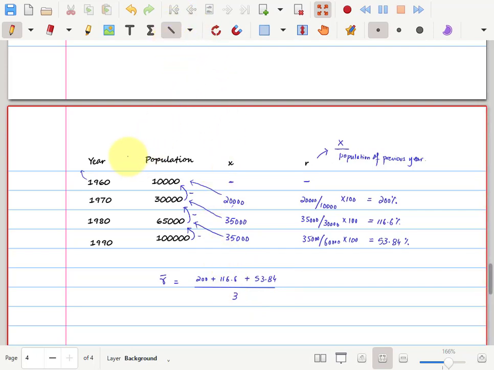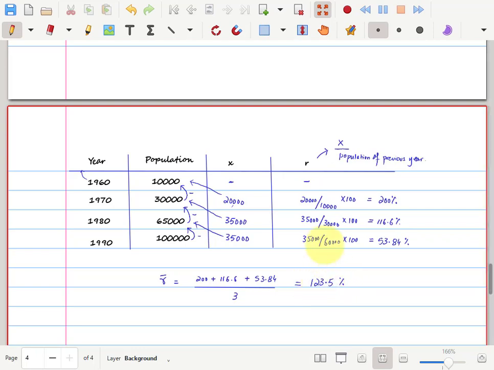Got it. So what is the value of R? Value of R will be equal to 123.5%.